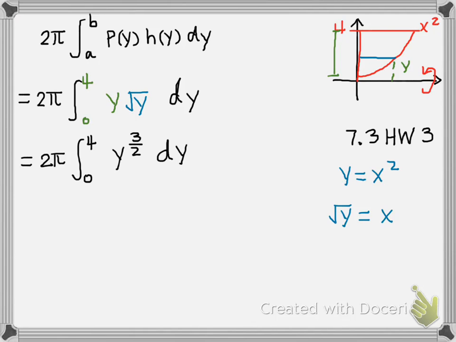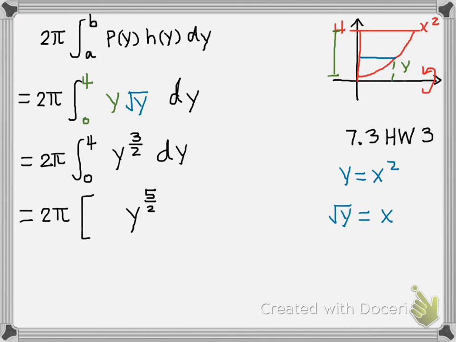Now we apply the power rule. So we get 2 pi times the antiderivative: y to the power 3/2 plus 1, because the power increases by 1, so we get 5/2. Then we divide by the new power.